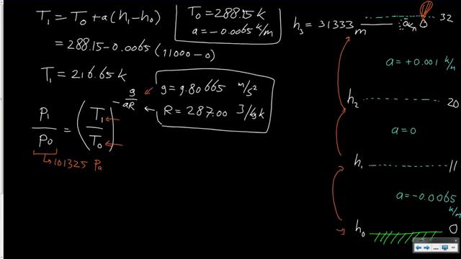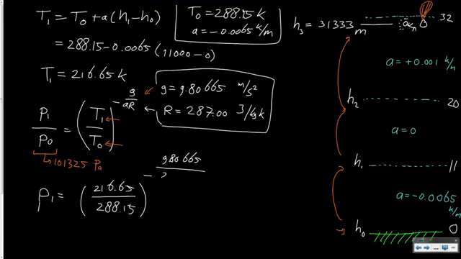Well, if we then write down our equation, P1 is T1 divided by T0 to the power of minus g divided by aR, or actually a, I wrote the first time, but okay.